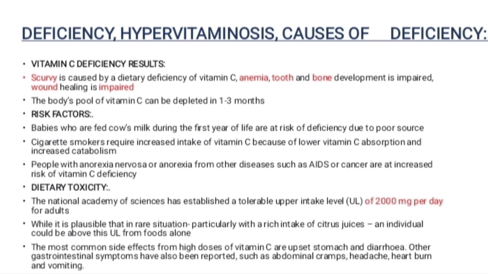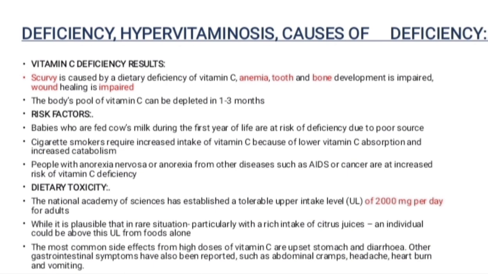Cigarette smokers require increased intake of vitamin C because of lower vitamin C absorption and increased catabolism due to nicotine. People with anorexia nervosa or anorexia from other diseases such as AIDS and cancer are at increased risk of vitamin C deficiency because of excessive utilization.